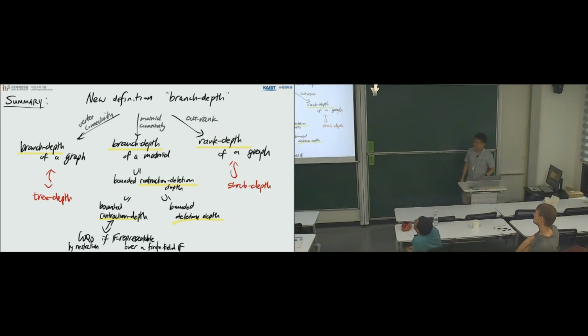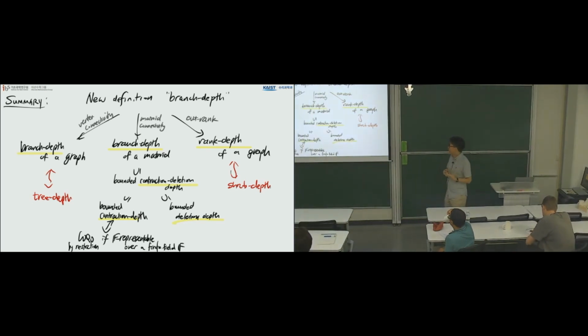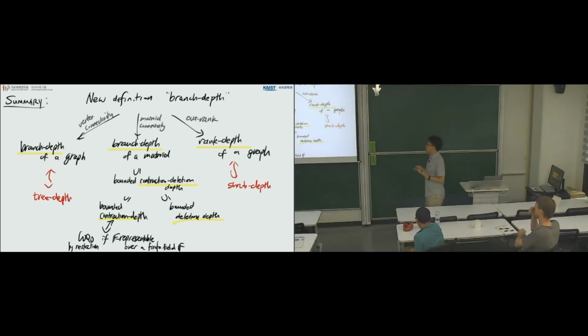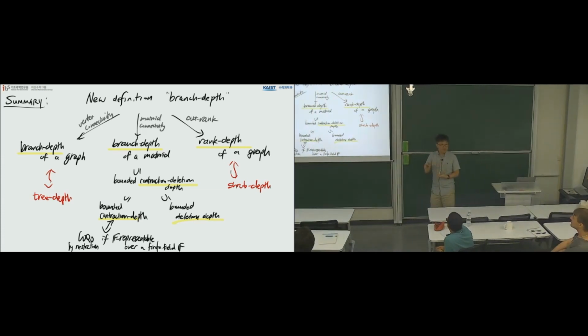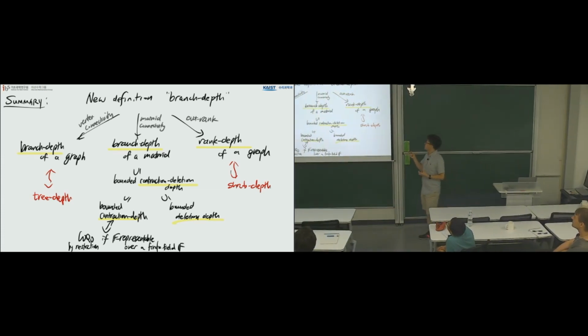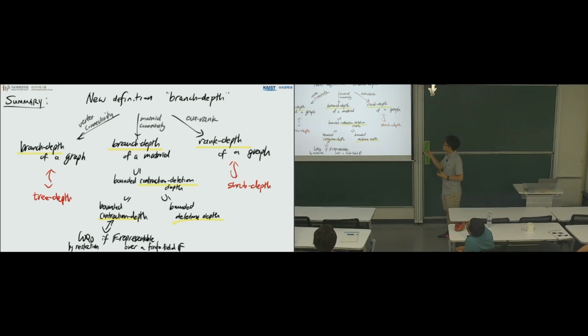So here's a summary. Now it's time for lunch. Right. So we defined branch depth as an analog of tree depth. And if you use a different connectivity function, you get different definitions for different objects. If you use cut-rank, you get rank depth. If you use matroid connectivity, you get the branch depth of matroids.